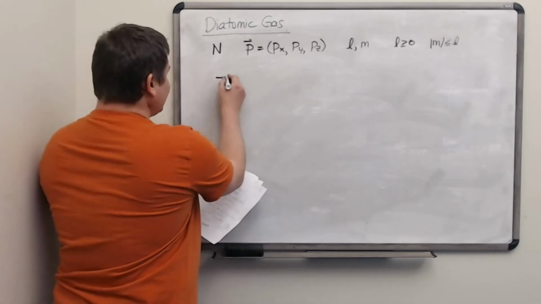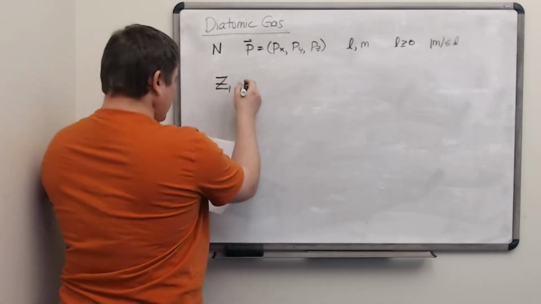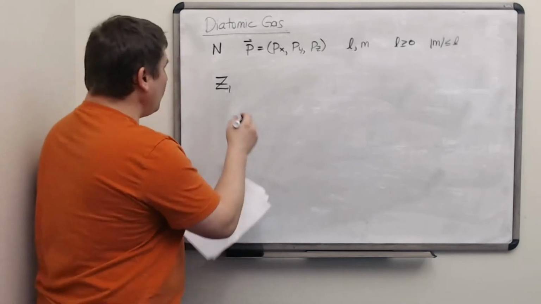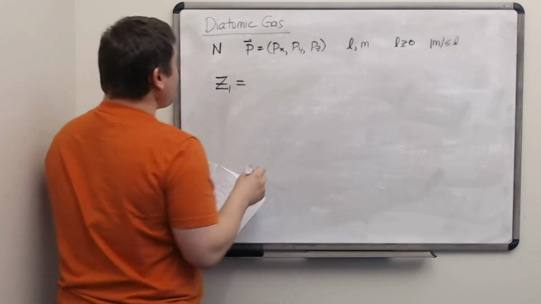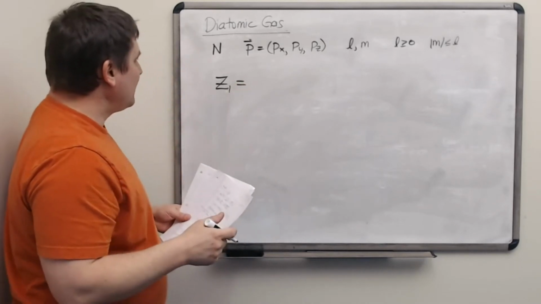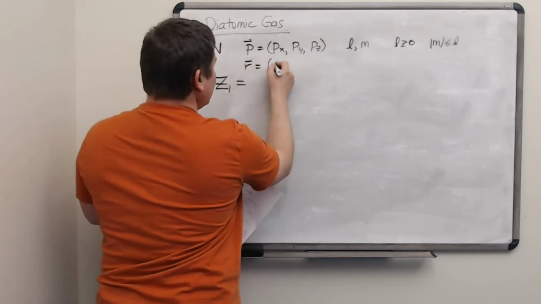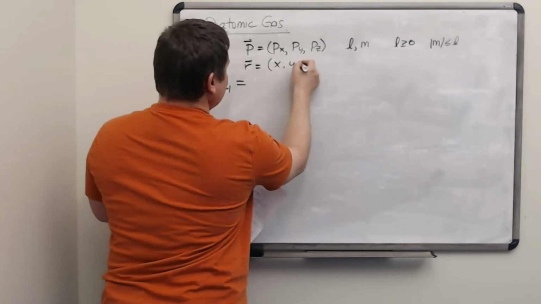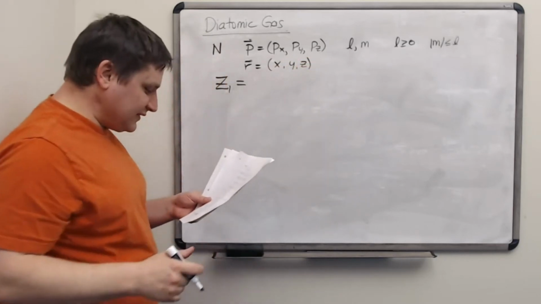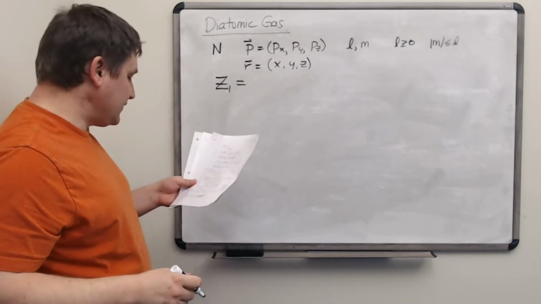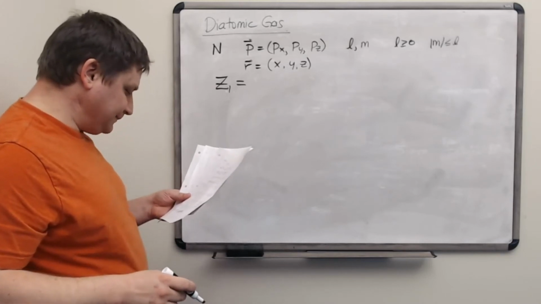So let's calculate the partition function for just one of these. We do also have to specify now the position of the particle. Each position could result in a different microstate as well.